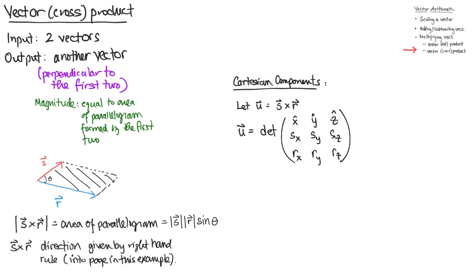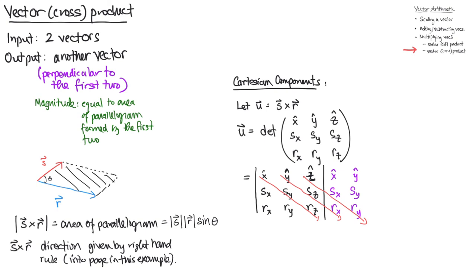Okay, and that determinant we can write in the following way: x hat, y hat, and z hat. There's lots of ways to write this out, but one way is to think of the determinant being constructed in the following way. Take the matrix that we started with, and then I copy the first 2 columns over here in purple, and then I construct these 3 lines, and that tells me what to do.